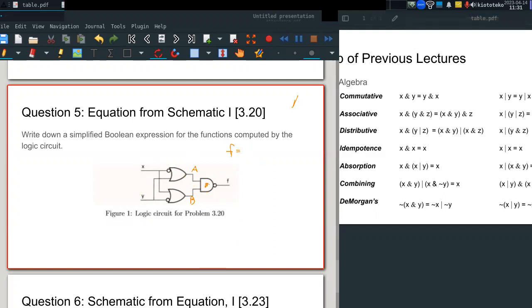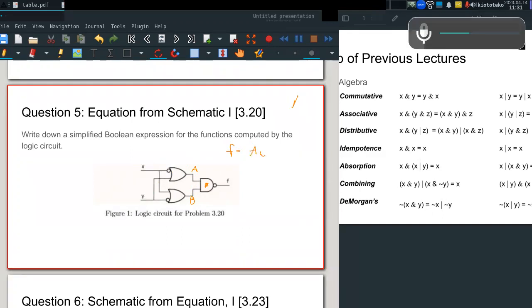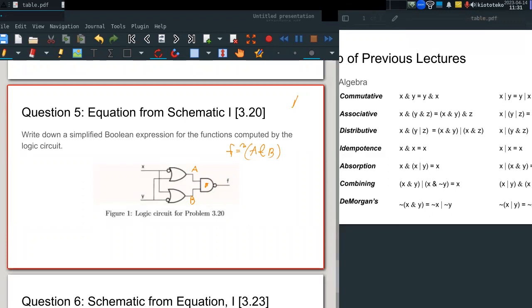Yeah, NAND, exactly. So the way you express it is F equal to A and B, but it's NAND, no? So it's the complement of the AND. Okay.